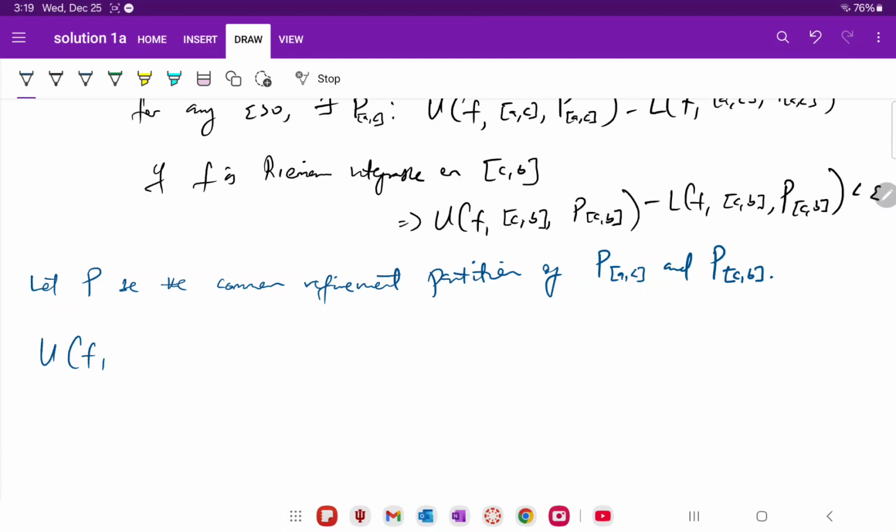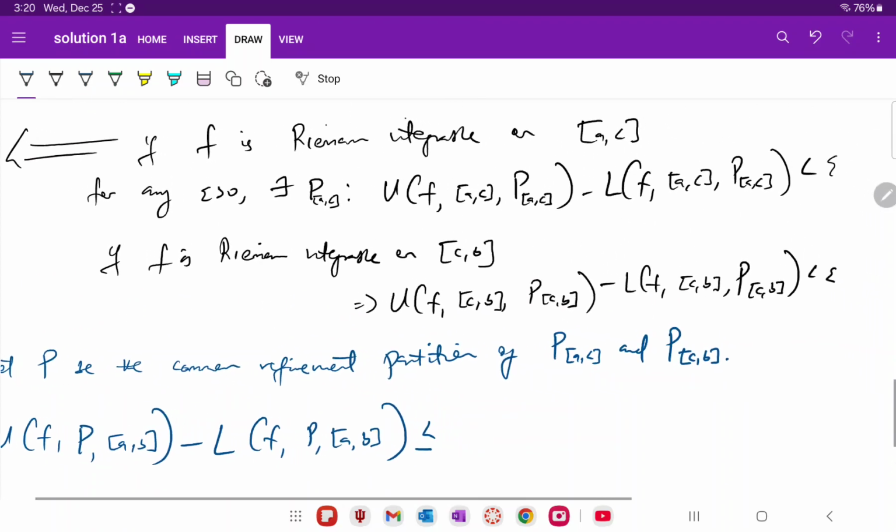So that means that the upper Riemann sum of f on [A, B] minus the lower Riemann sum on [A, B] will be less than or equal to the sum of these two.